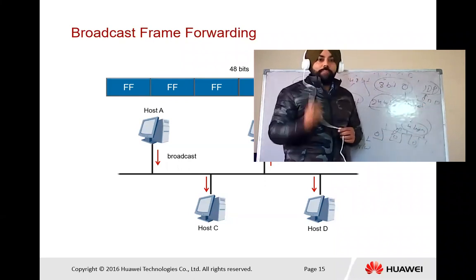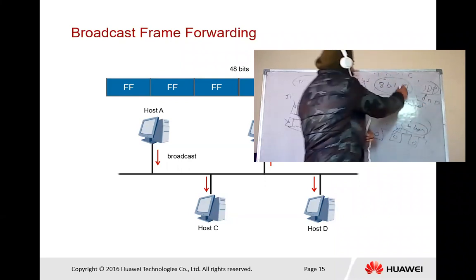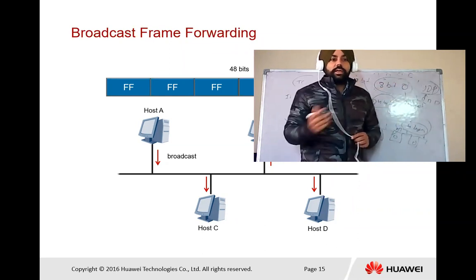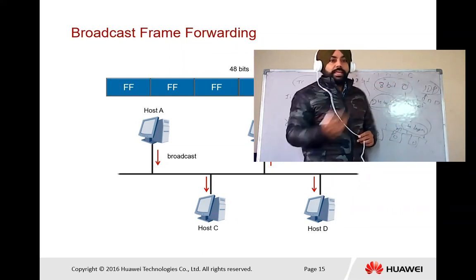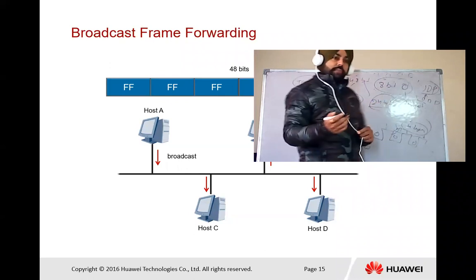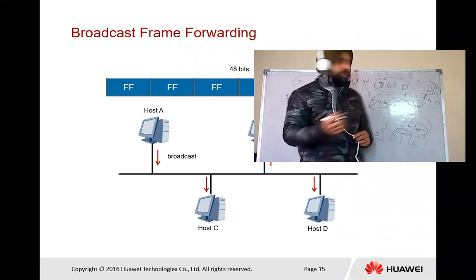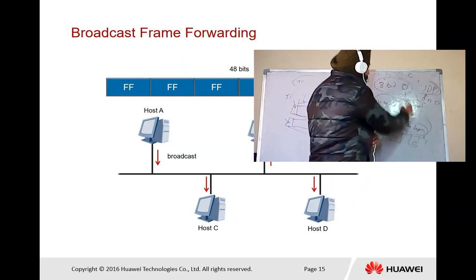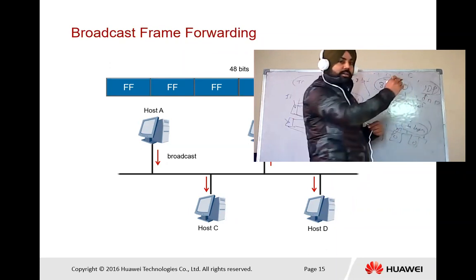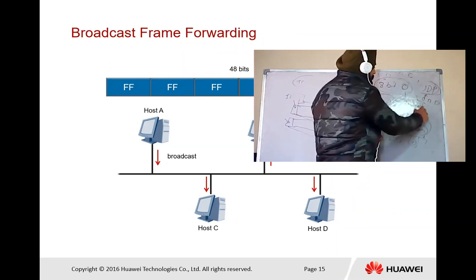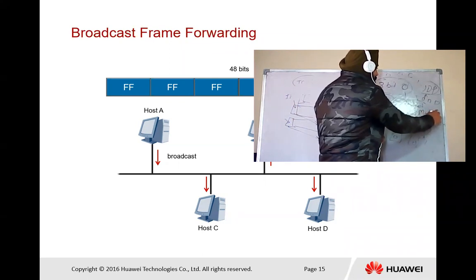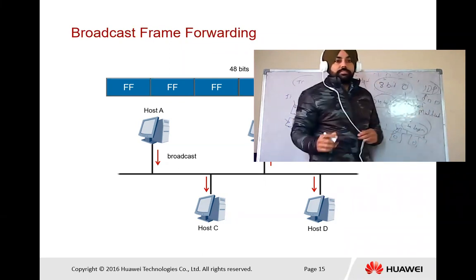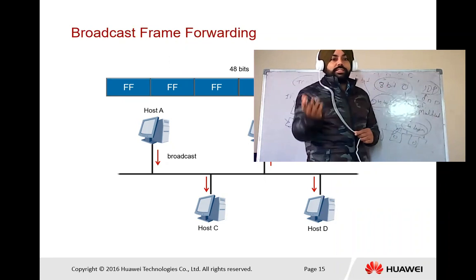If the 8th bit is 0, it's a unicast frame format. Second, if we are talking about multicast frame forwarding, the 8th bit is 1, that means our address is multicast. That means we know about the destination MAC address.